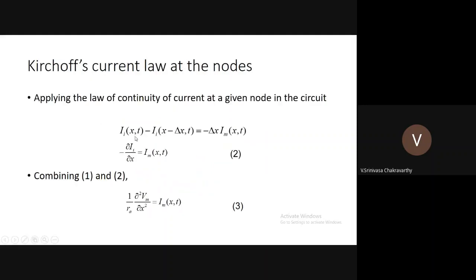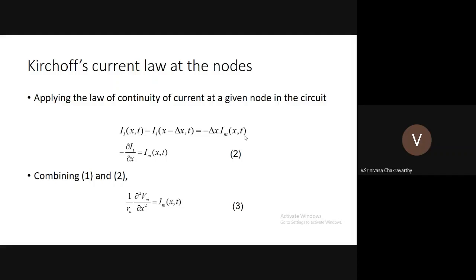So Ii at x, t minus Ii at x minus delta x, t is equal to minus delta x Im x, t. Im is a current density.